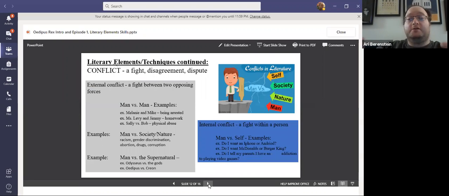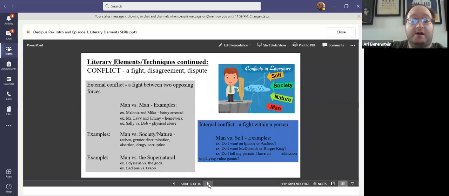Conflict is a big part of our literary analysis. Conflict has two types: internal conflict, which is our struggles within ourselves, our thoughts, our fears, our worries, our desires, our goals and ambitions. We struggle to deal with those and confront those in a successful way and cope with life.